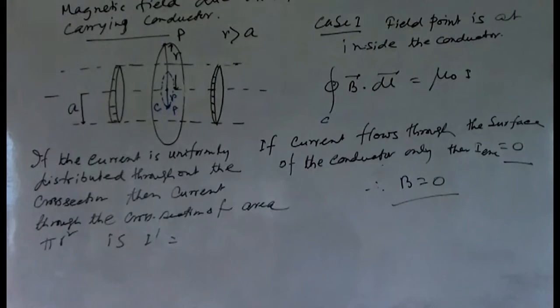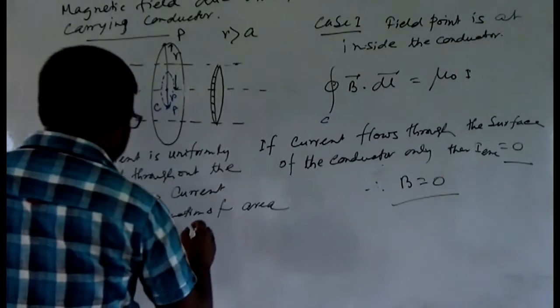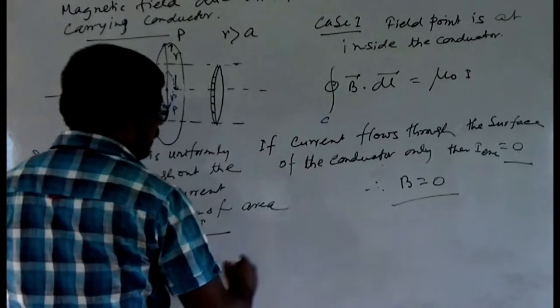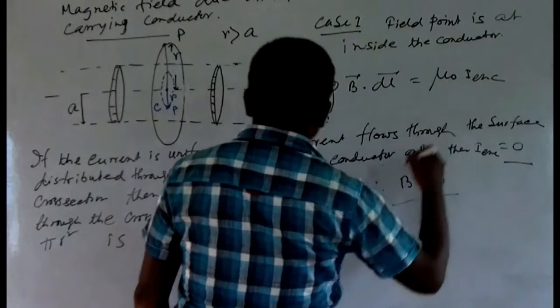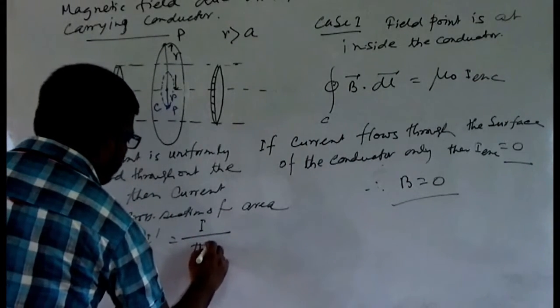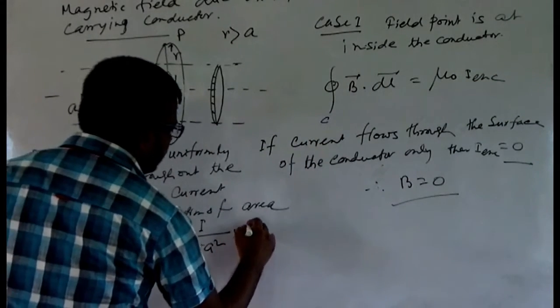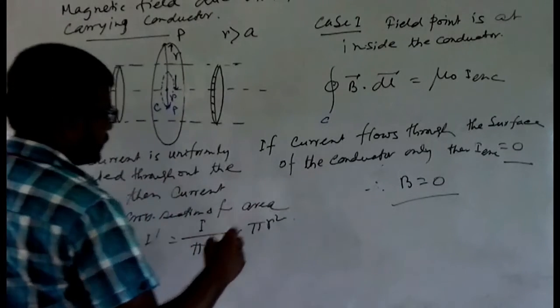For that case, it will be I divided by pi a square into pi small r square.